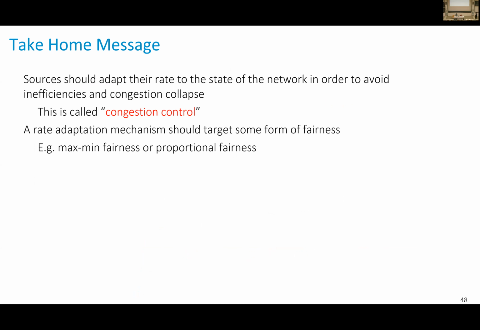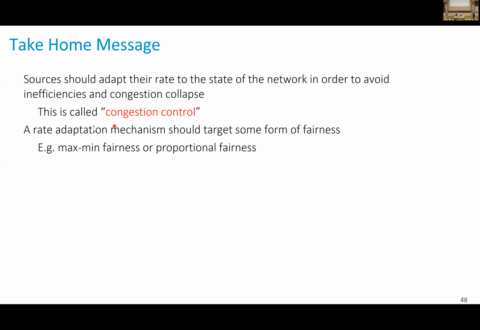So, at this point, we have seen that the most important message is that if we let sources run freely, then we are taking the risk of, one, inefficiencies, and in the worst case, if there are cyclic dependencies, congestion collapse. So we need something which is called congestion control in the internet to control the rates of sources such that we use the internet resources efficiently and, in some sense, as fairly as possible.